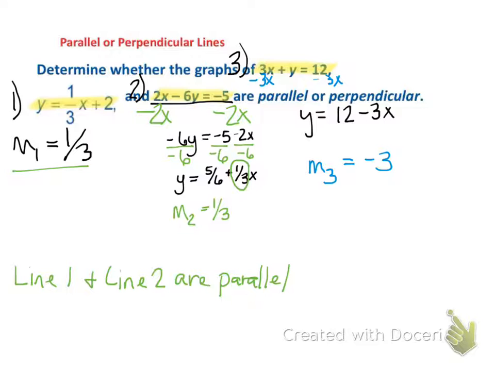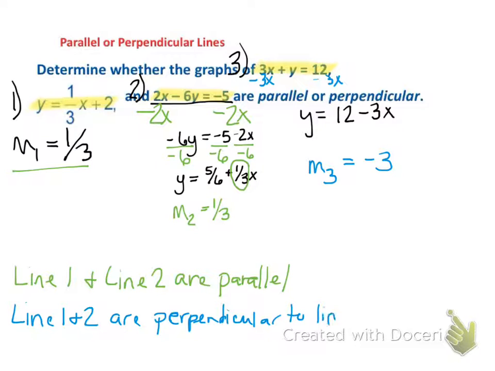And that is the negative reciprocal of 1/3. So that means line 1 and 2 are perpendicular to line 3. And that's how you can tell whether lines are perpendicular or parallel.